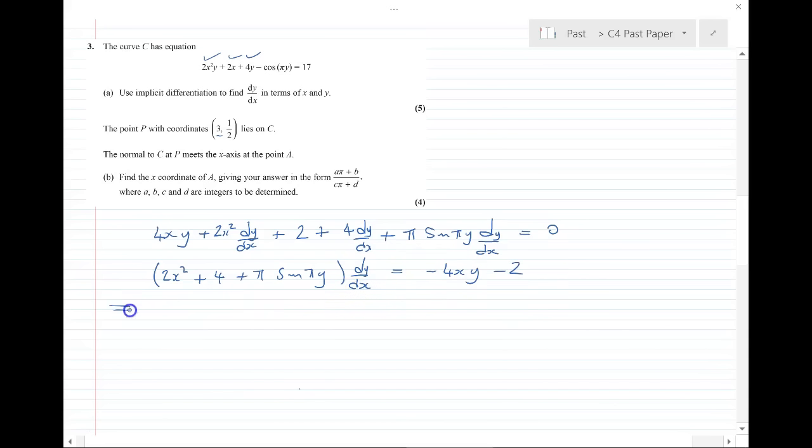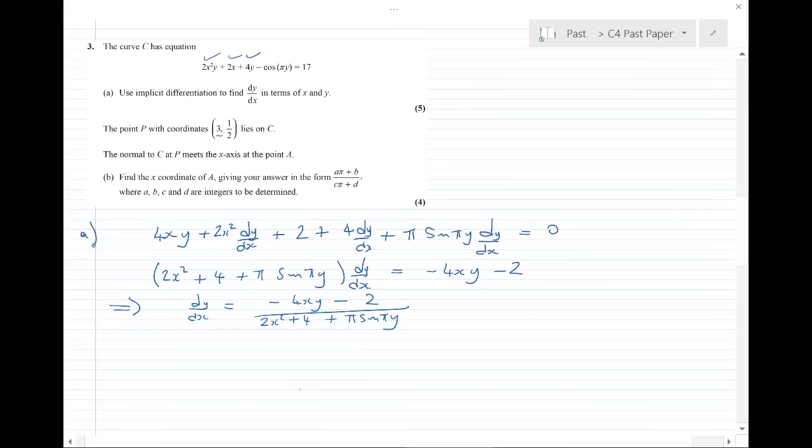So that gives me dy by dx equals minus 4xy minus 2 all over 2x squared plus 4 plus pi sine pi y. Right, so that's part A done, because it wanted an expression for dy by dx.